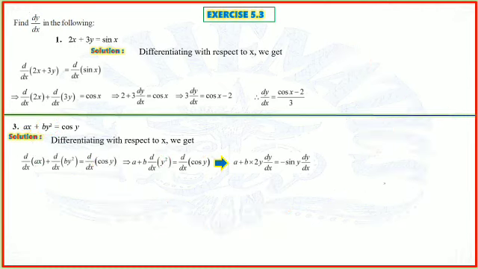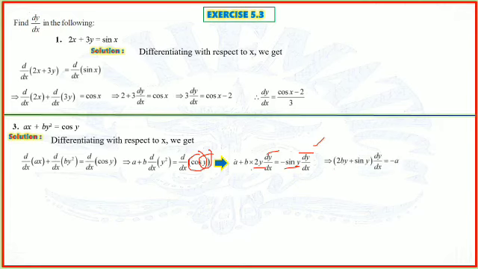So what we are going to do, this a is as it is, and then plus b 2y dy upon dx. On the right hand side, the differentiation of cos y is minus sin y, and then the differentiation of angle y is dy upon dx. Now we will take dy upon dx common from both the sides.